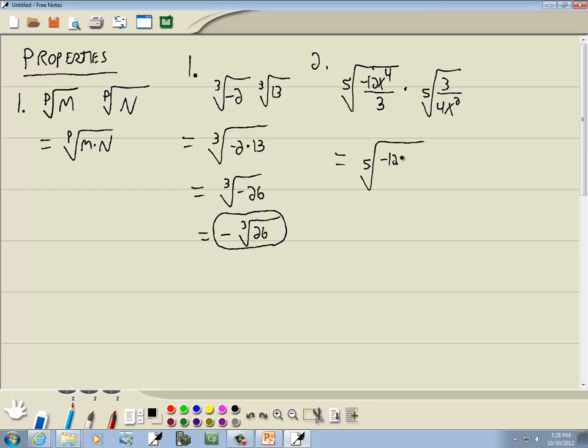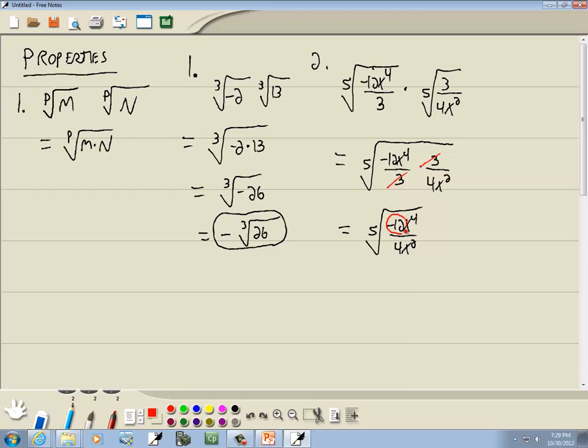So I got -12 x to the fourth over 3 times 3 over 4x squared. Now we can do some simplifying here. These 3s are going to cancel. And let me write it down again before I do any more simplifying. And I got -12 x to the fourth over 4x squared.